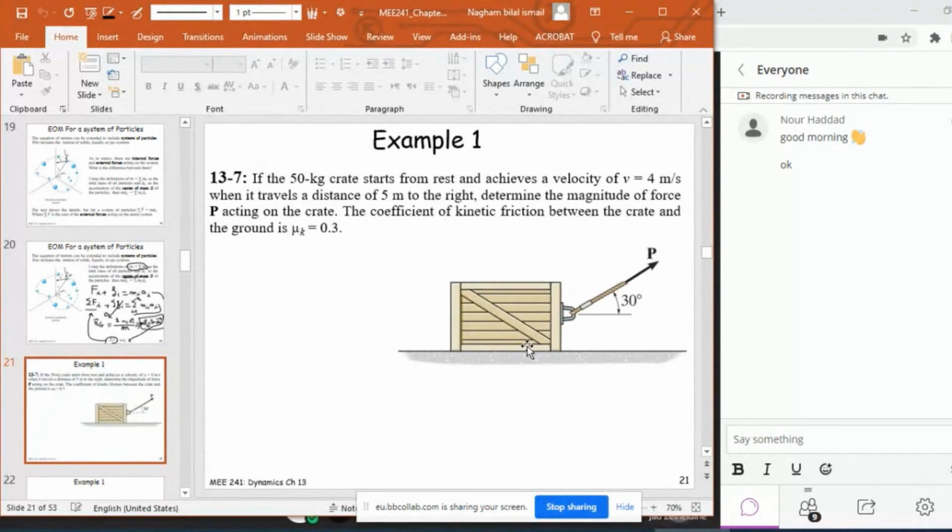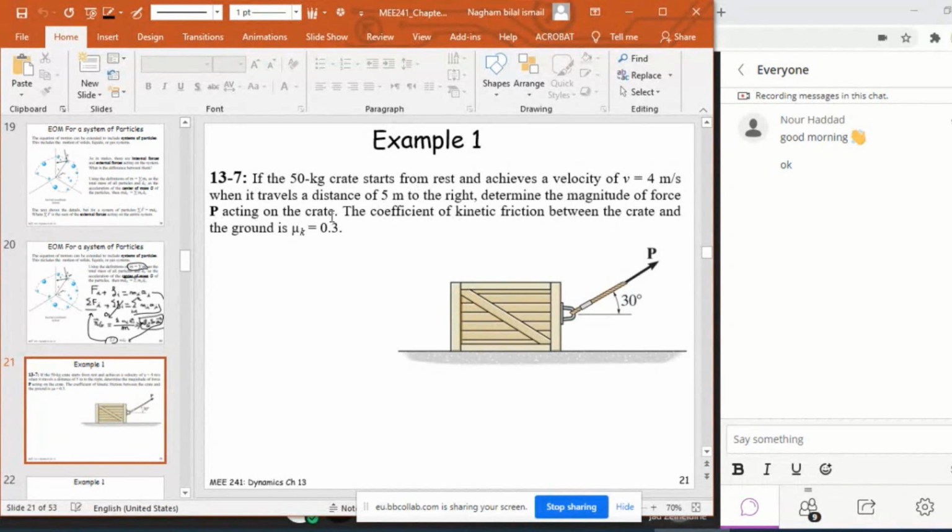I need to determine the magnitude of the force P acting on the crate to push this crate to move to the right. And guys, what you have to know here is that this P is constant, and the angle done with the x-axis is always constant all over the path, because I'm going to use this statement in order to prove that A is also constant.